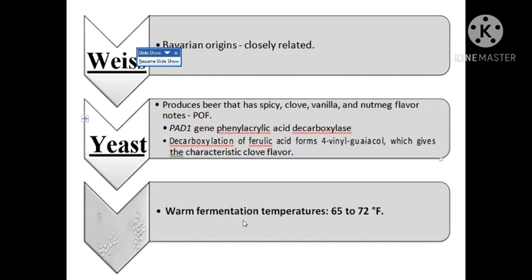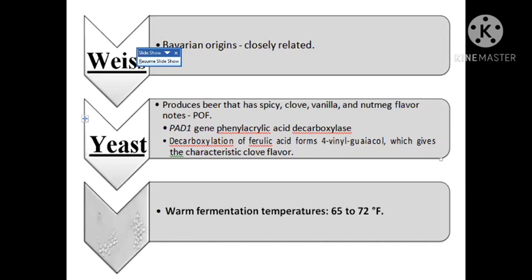The warm temperature for this yeast is 65 to 72 Fahrenheit, or you can say 12 to 35 degrees Celsius.